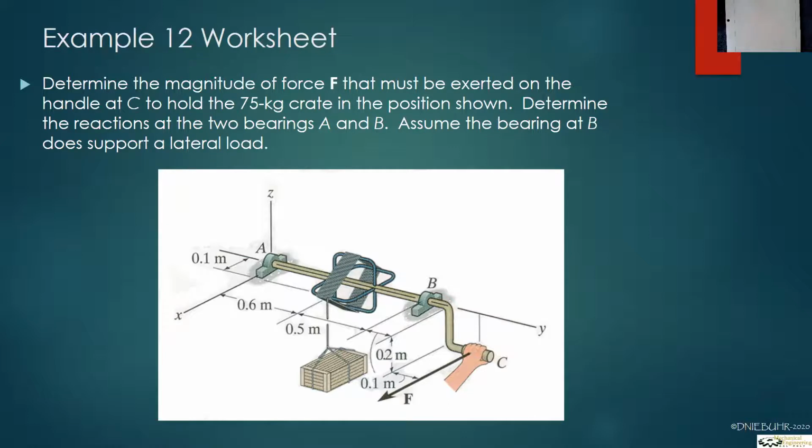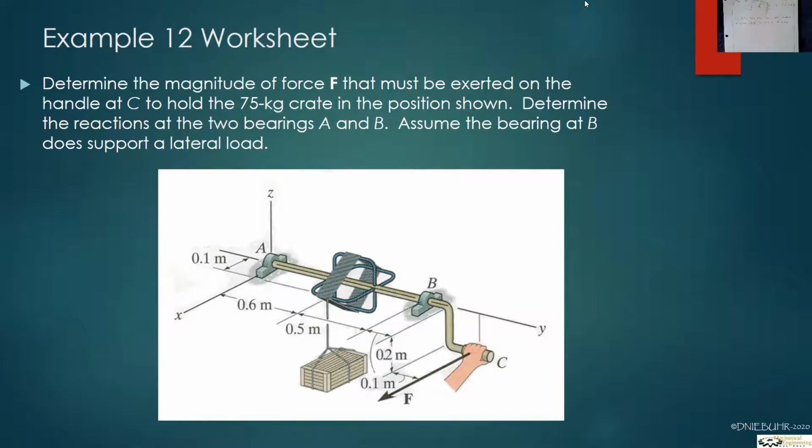But you have to look at what they're really asking you for. They're asking you for the same things. They want to know what the reaction is at A and B, and they want to know what the force F is. And so, again, you could do R cross F, but sometimes, depending on your learning style and whatnot, it might be easier just to look at the direct force times distances. So let me show you what I mean by that.